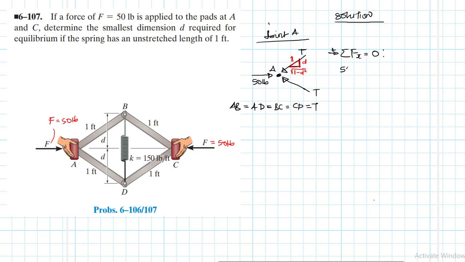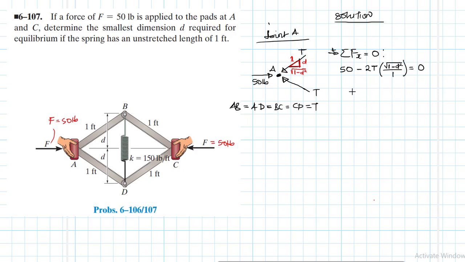So we have 50 minus 2T times the root of 1 squared, which is just 1, minus D squared, divided by 1, equal to 0.